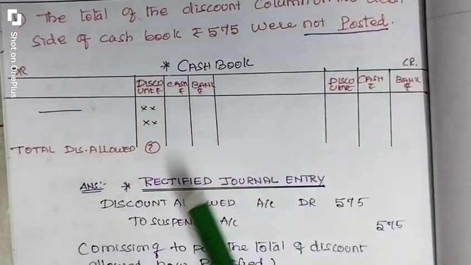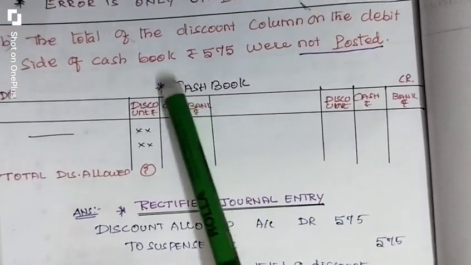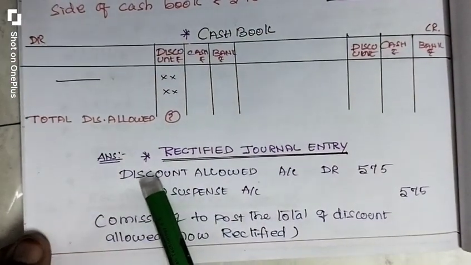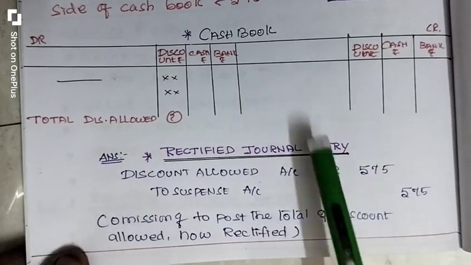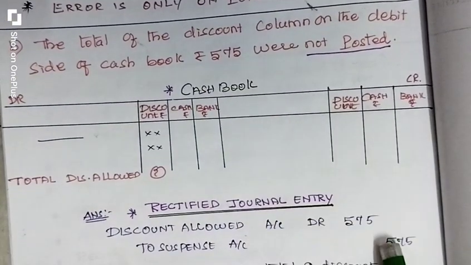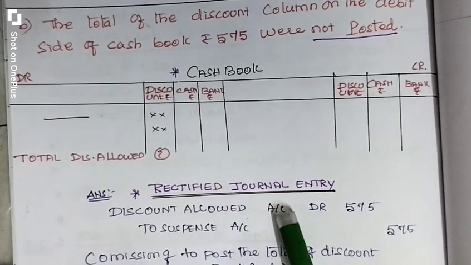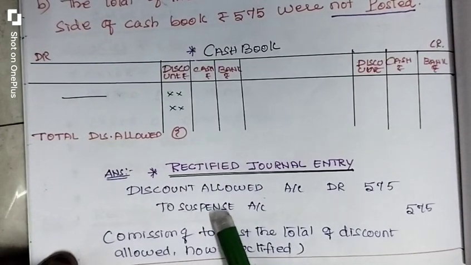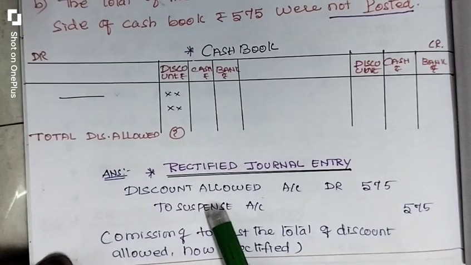The rectification of the journal entry is as follows. The transaction clearly says discount column on debit side. So we have to write discount allowed account debit 575 rupees. We debited the discount allowed account. In opposite, that means credit side, we create the suspense account for the 575 rupees to tally the trial balance.